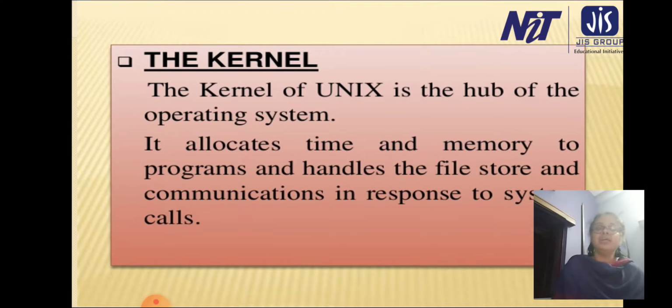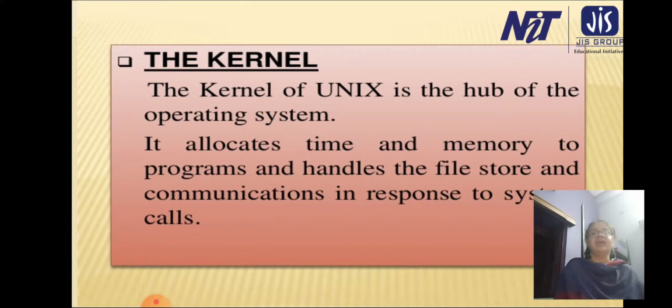The kernel mainly has four jobs. Memory management: the kernel keeps track of how much memory is used to store what and where. Process management: it determines which processes can use the central processing unit, when, and for how long.